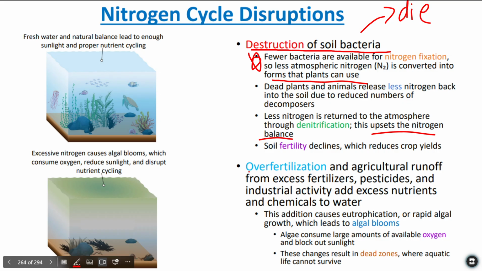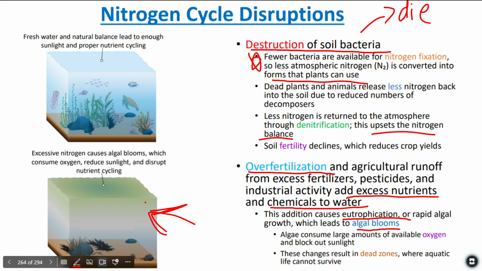Now, if things like over-fertilization happen, where we add fertilizer to crops, and that fertilizer comes off into our water, they add excess nutrients, chemicals to water, this can cause what we call eutrophication. This is eutrophication right there. This is what we call algae blooms.